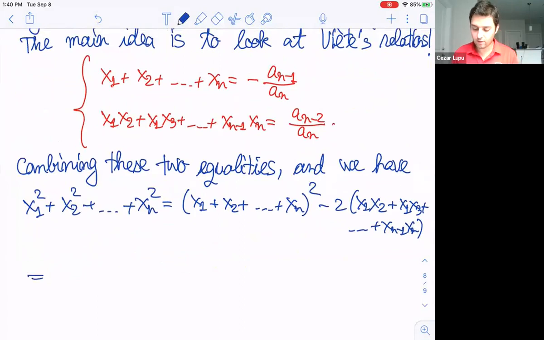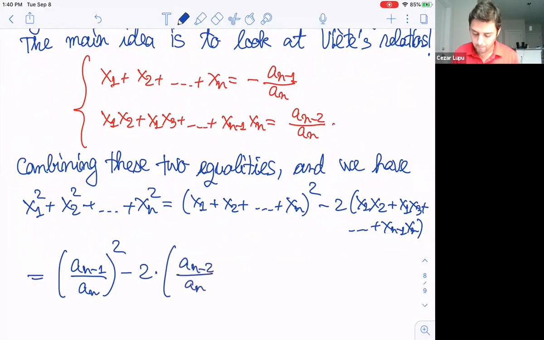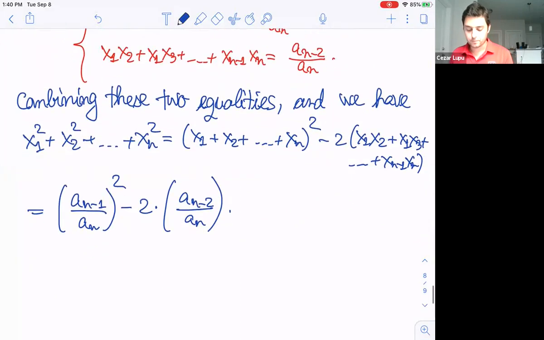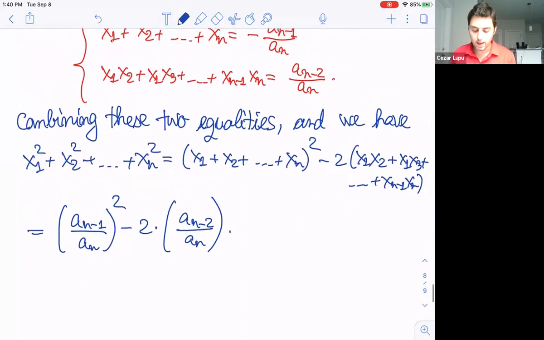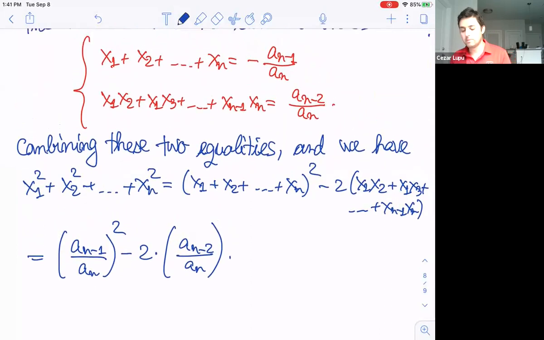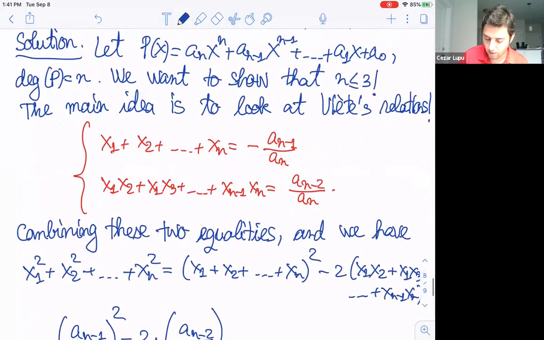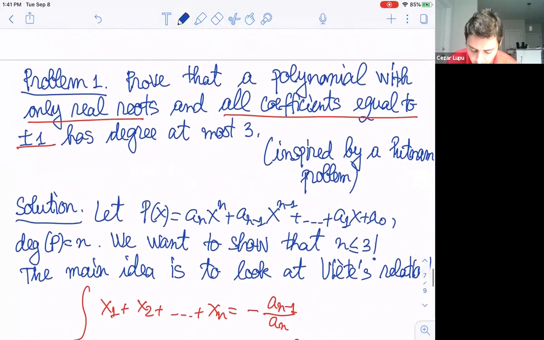We have that the first one is what? It is (a(n-1) over an) squared minus 2 times (a(n-2) over an), right? So we know this. But pay attention here, because we know something about this problem. What does it say?